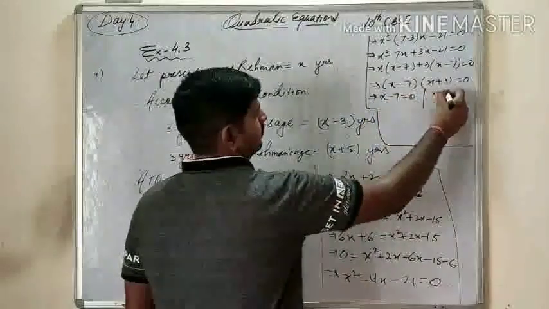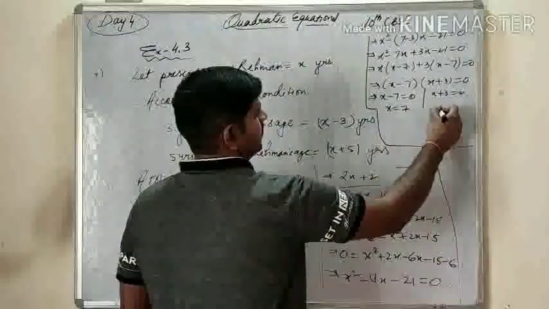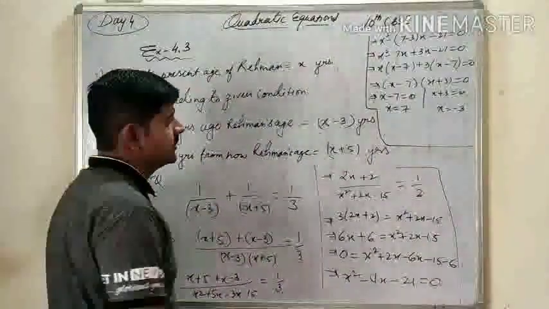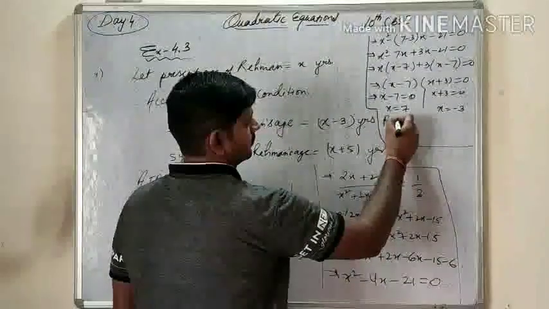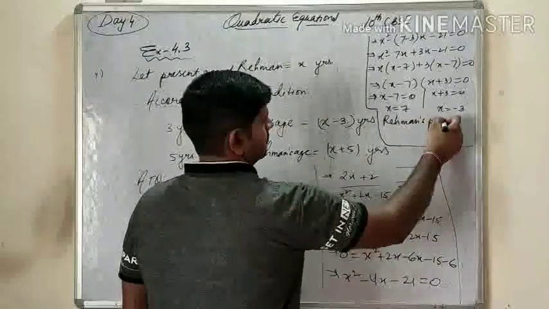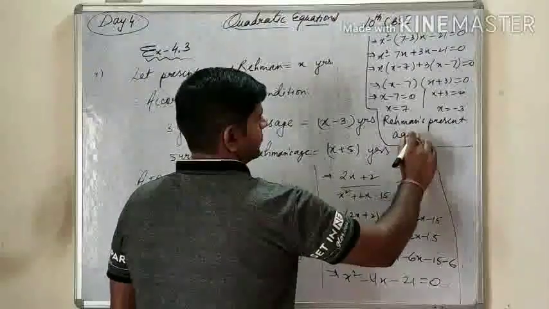So we will get values positive 7 and negative 3. So we can say Raman's present age is 7 years.